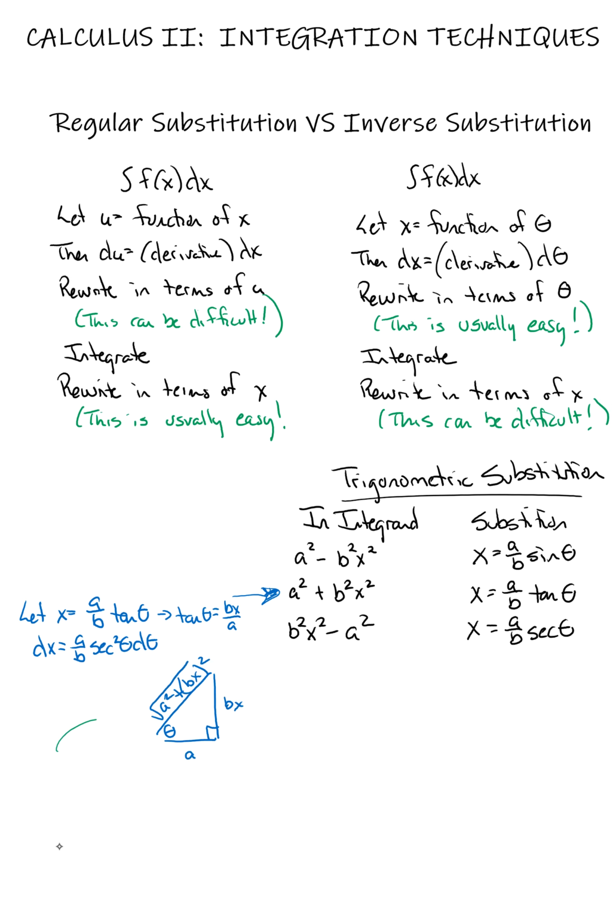Notice that that includes a squared plus b squared x squared, which is what is in our integrand.